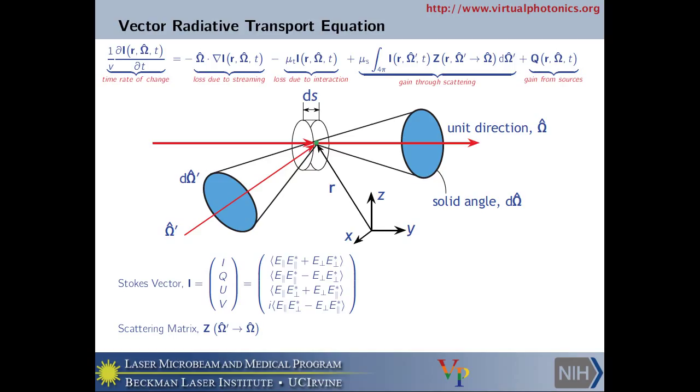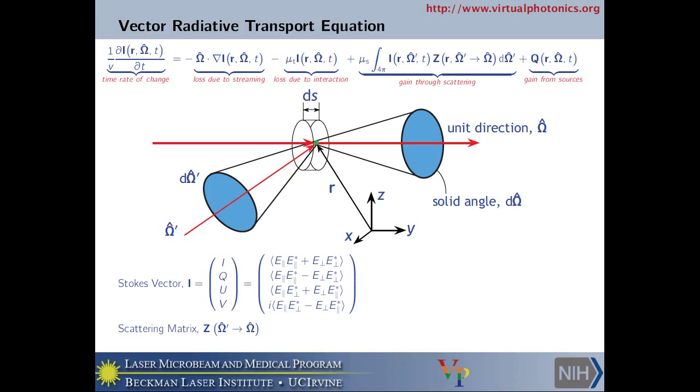So there's the electric field parallel and the complex conjugate of the parallel component of the electric field and then perpendicular here. And then you have IQUV, which collectively describe the polarization state of light. And Z is called the scattering matrix, which essentially has 4 components that describe the transition of light upon scattering, IQUV to a new IQUV.